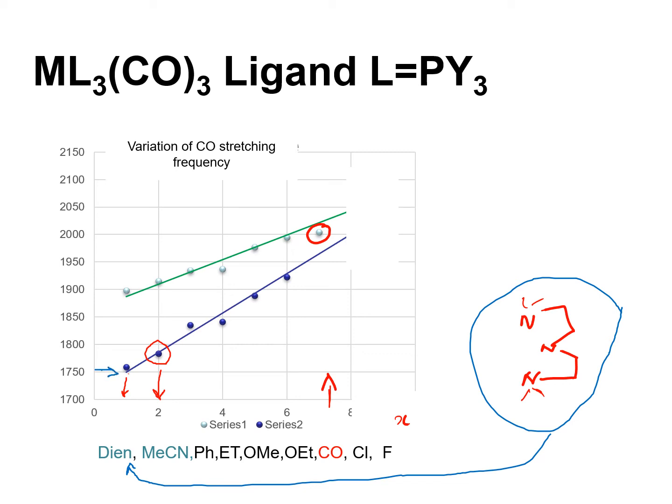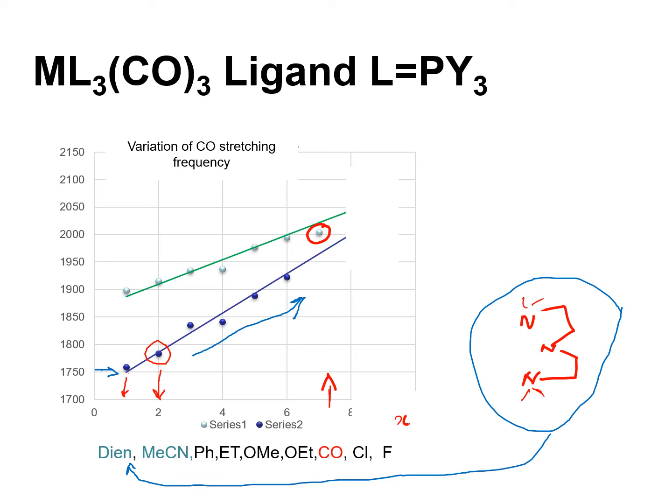Now, as you make the trans ligand a poorer donor or a better pi acceptor, the frequency goes up in energy. The frequency keeps increasing as you improve the pi accepting character of the trans ligand, or you decrease the donor capacity of the trans ligand.